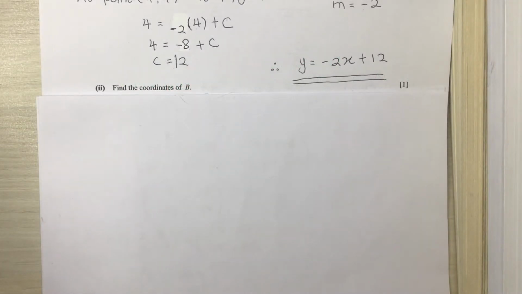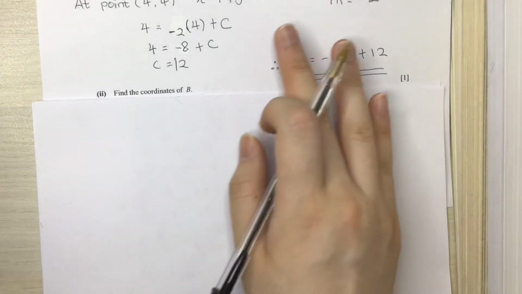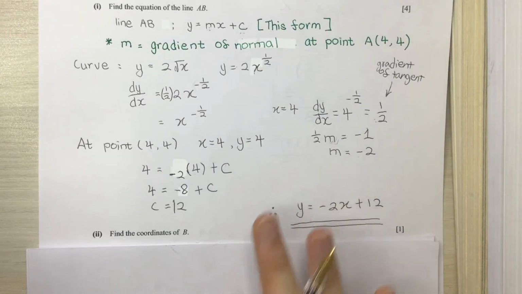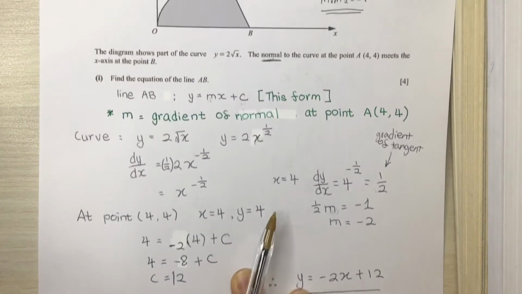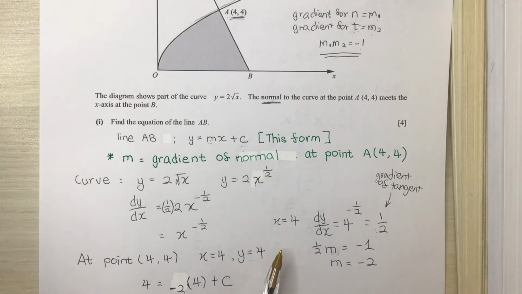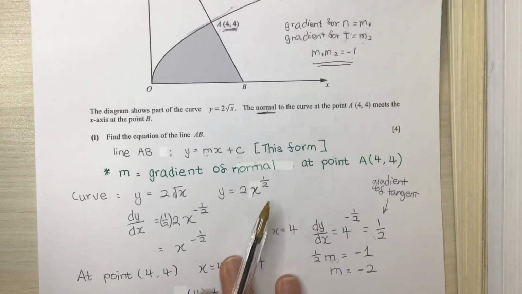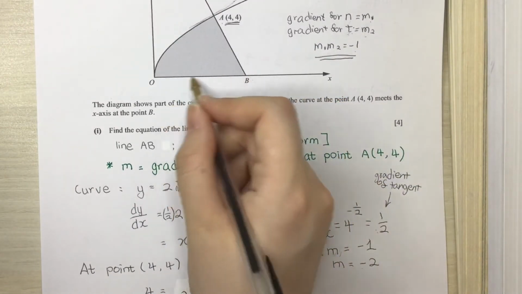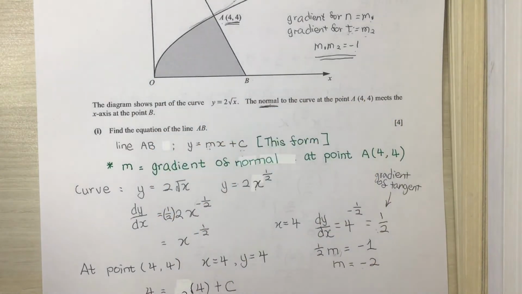After this, you have to find the coordinates of B, which is the second part of this question. Since you have found the equation of the line AB, all you have to do is first notice that B is exactly on the x-axis, and all the points on the x-axis have y-coordinate equal to 0.